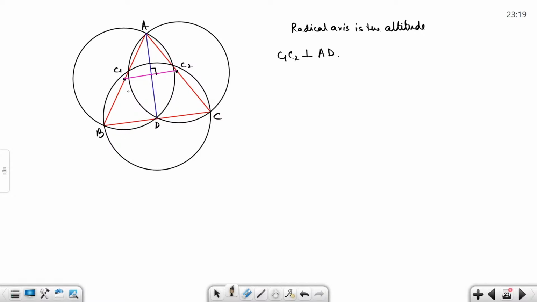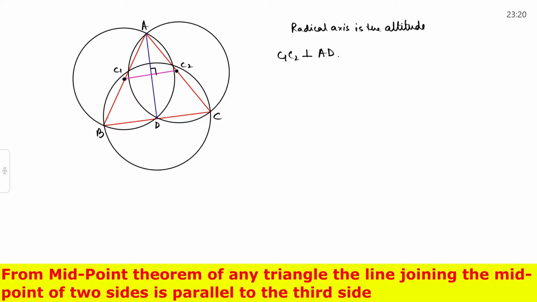Okay. Now as C1 and C2 are the midpoints of AB and AC respectively, so in the triangle ABC, by using the midpoint theorem, we can say that C1C2 is parallel to BC. Tell me yes or no. From the midpoint theorem, we can say C1C2 is parallel to BC. Okay.